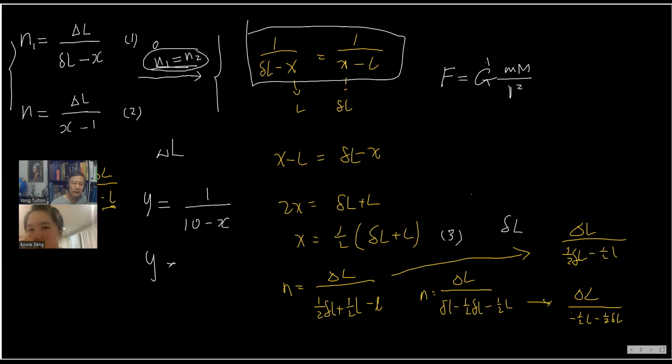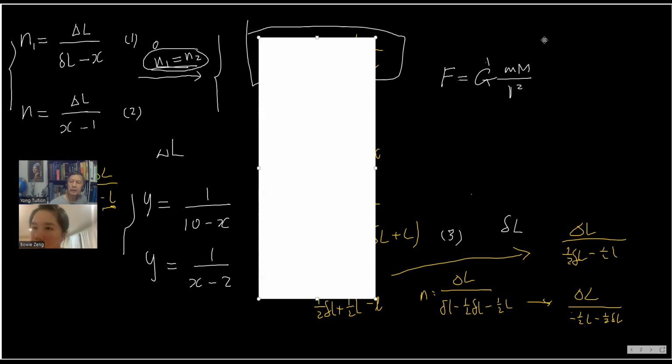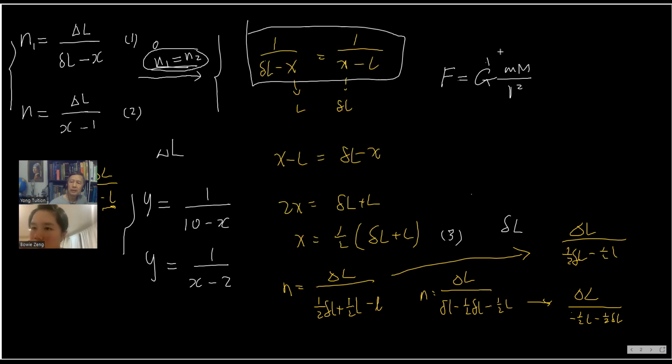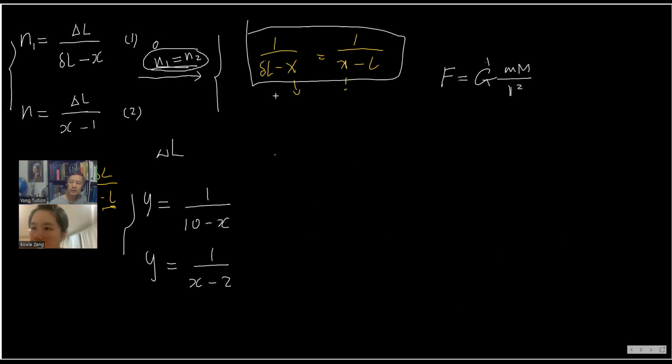Another function is y equal to x minus say 2. Can you try again this time without using too many notations? I wonder how they can not be the same. It's just algebra, isn't it? Just algebra.